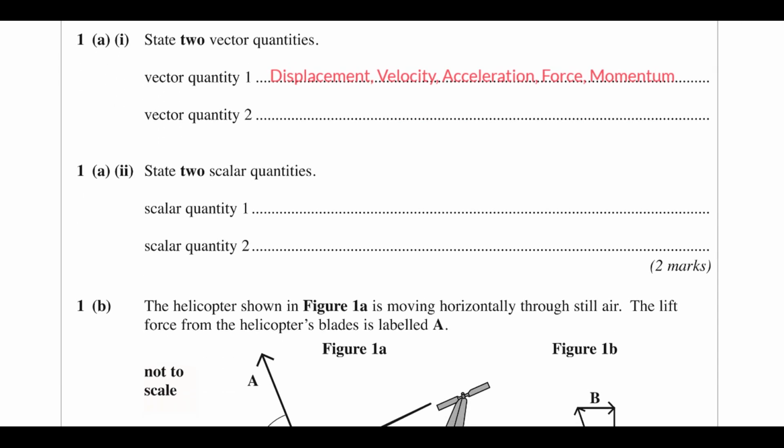Then moving on to scalars, again, loads to choose from here. You have distance, speed, energy, mass, time. All of these things are scalar quantities, so would be appropriate answers to this question.